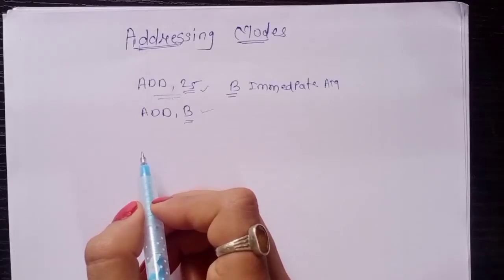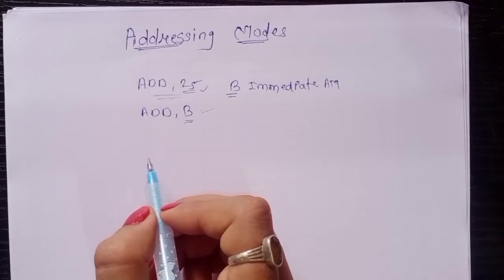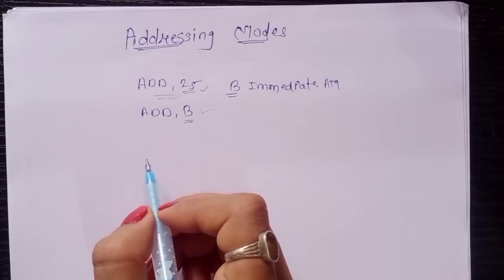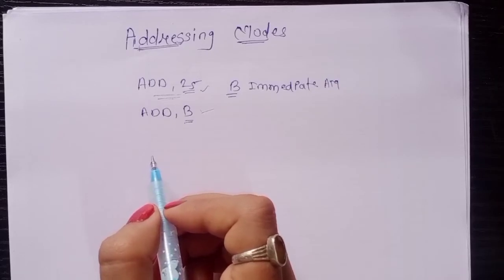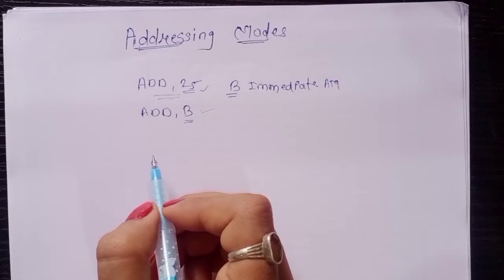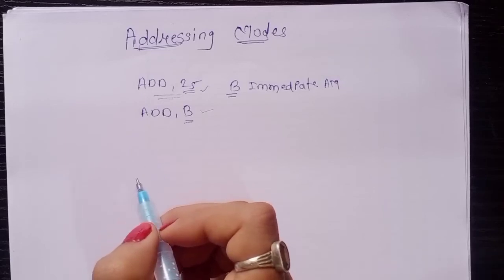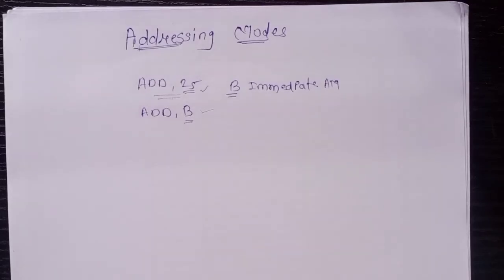Then the advanced one, you may give the operand using its address. So what does that mean? You don't have the operand with you. The operand is stored somewhere in the memory. You don't know its value, but you know its address. So you may give the address in the instruction, telling the processor to go to that address, and from there you will get the operand.